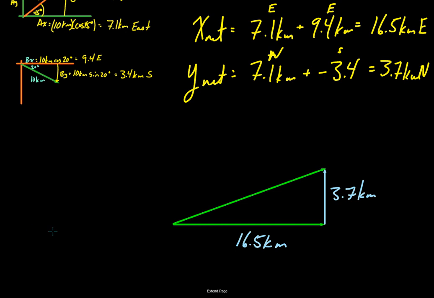Something that's interesting and a question that just got asked here. Let's just change this hypotenuse so we know that it is the final sum of all our vectors. But a question was, why did I go to the east first, or why did I draw the easterly vector first? Well, it turns out it doesn't really matter which one you put first, right? I could have drawn this first, followed by this one.